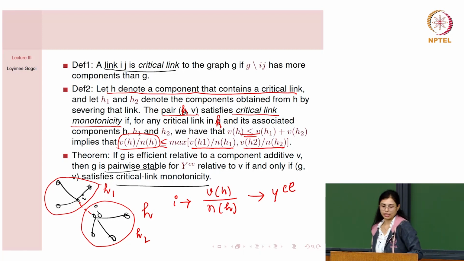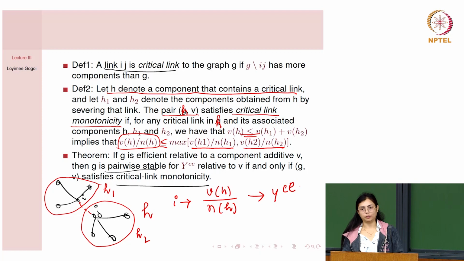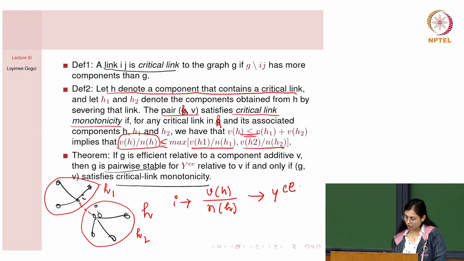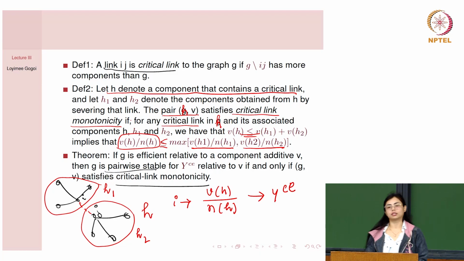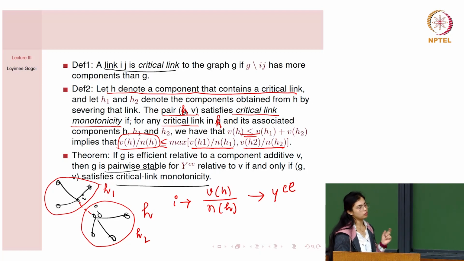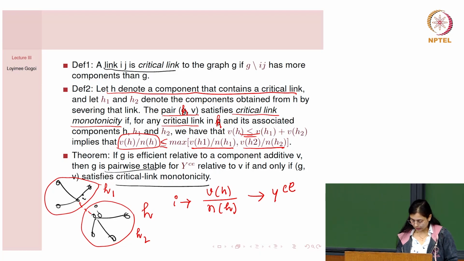These are the H1 and H2 component allocation rules. The maximum among them should be at least what the player gets in component H. This notion is called critical link monotonicity, associated with one critical link.